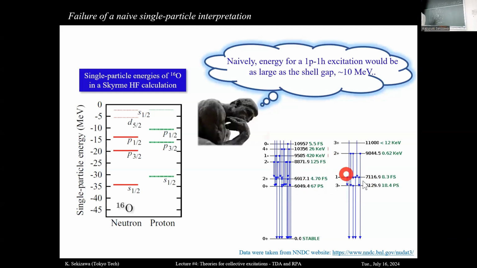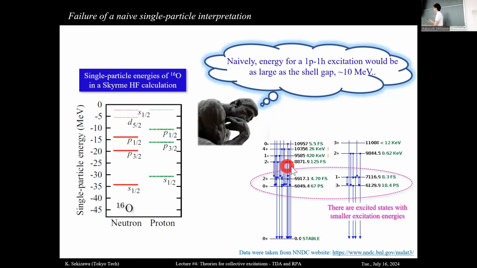So there are at least 4 low-lying excited states at around 6 or 7 MeV. So it cannot be simply explained by one particle excitation. Okay, so what is it? What are those excited states?